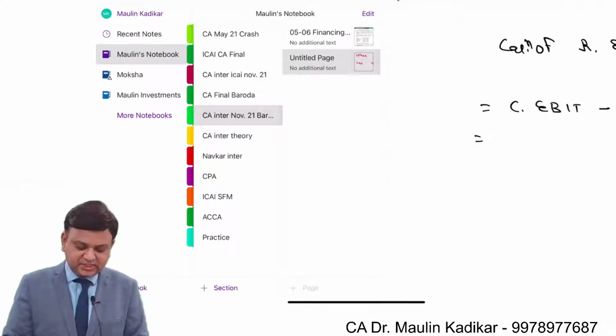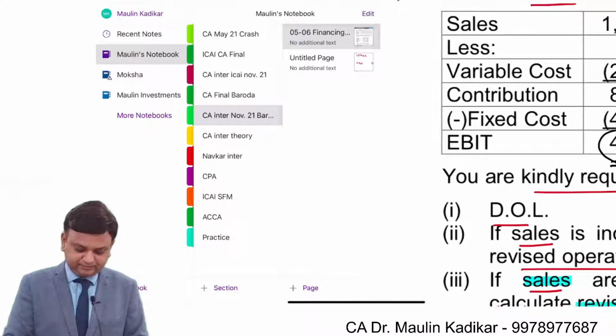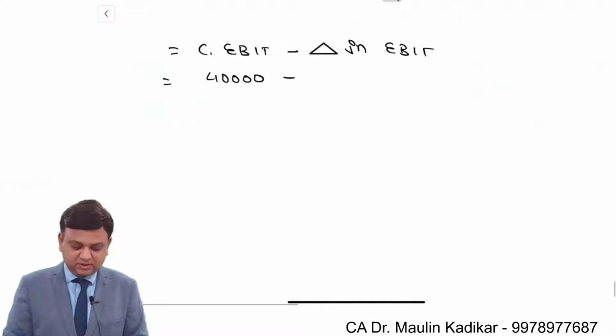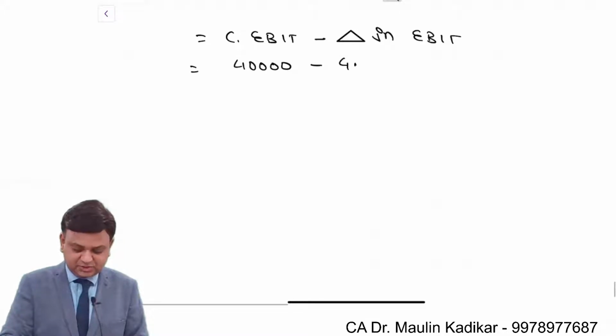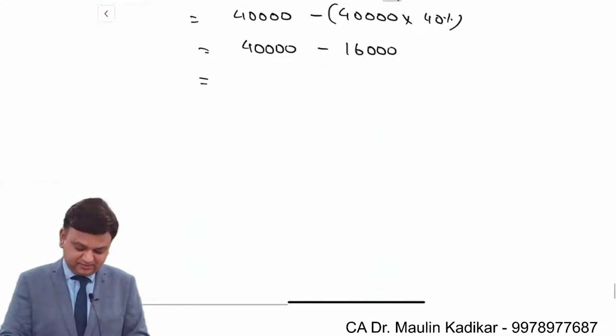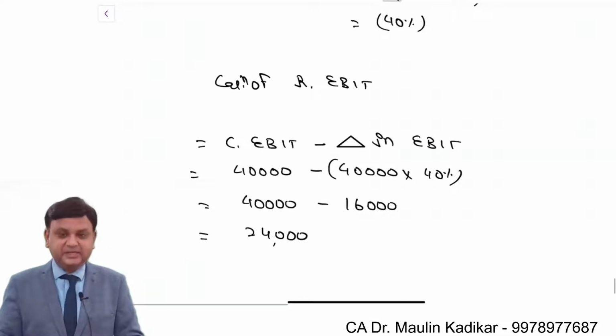Due to reduction in sales, EBIT will decrease. This is 40,000. So 40,000 minus 40,000 into 40%. So 40,000 minus 16,000. So this comes to 24,000. That is the way the revised EBIT is found.